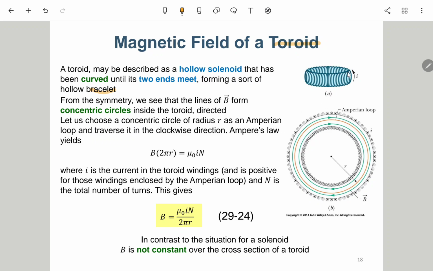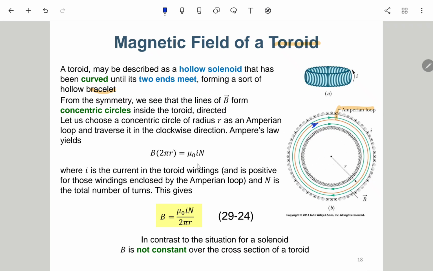So this is the cross section of this toroid, and then we assume the Amperian loop as this orange circle, and we define the direction like that. Okay. So in such a way, we apply Ampere's law for this Amperian loop.